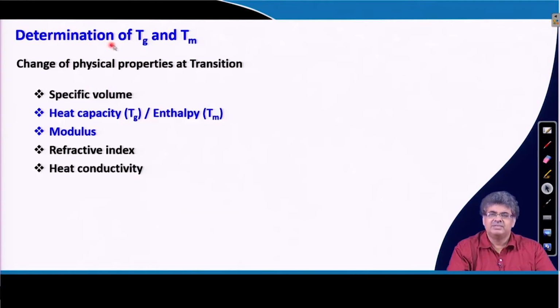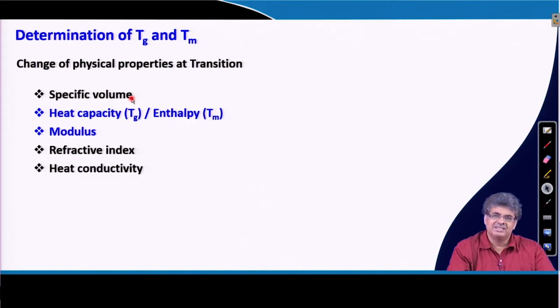We now discuss determination of the glass transition temperature and the polymer melting point, and for that we need to probe the physical properties at transition. Several physical properties undergo drastic or discontinuous change at these transitions. For example, heat capacity changes in the case of Tg, and enthalpy changes in the case of Tm.